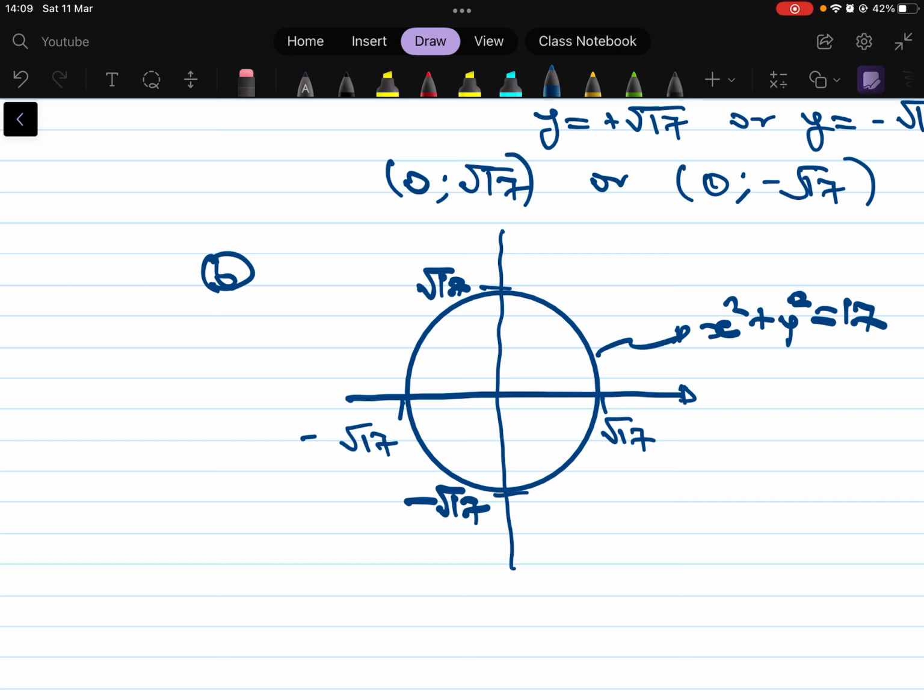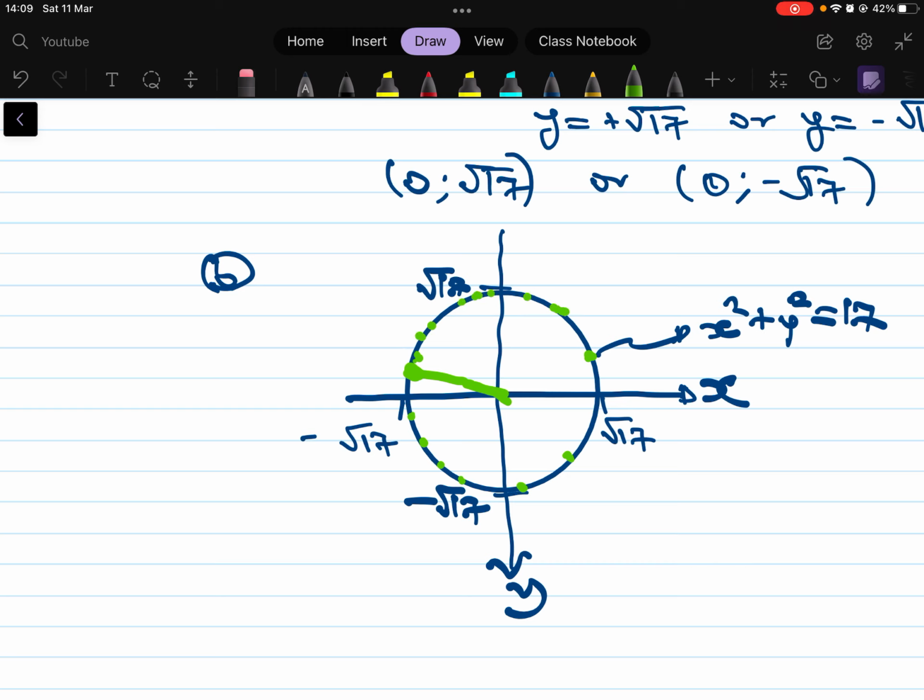Okay, this is what you have. So now if they ask you for another point which is on the circle but it has integer coordinates, you can think of any point which is maybe here, maybe here, maybe here. You can just think of any point which is still on the circle like that.